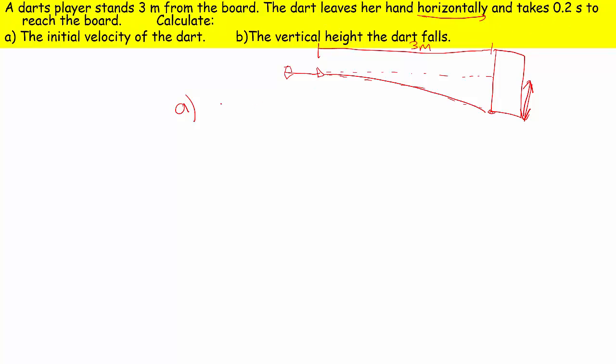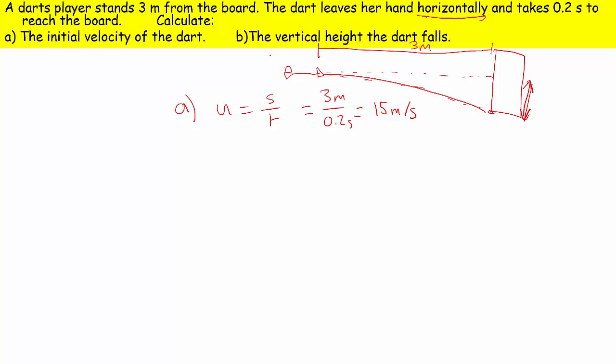All we need here is that velocity, we'll go for u because this is initial velocity, is equal to displacement divided by time. So it travels 3 metres in 0.2 seconds, and that gives us a speed of 15 metres per second.